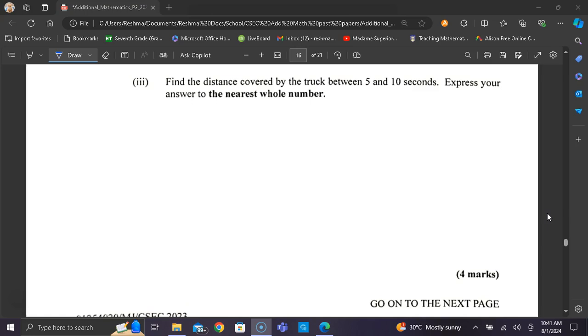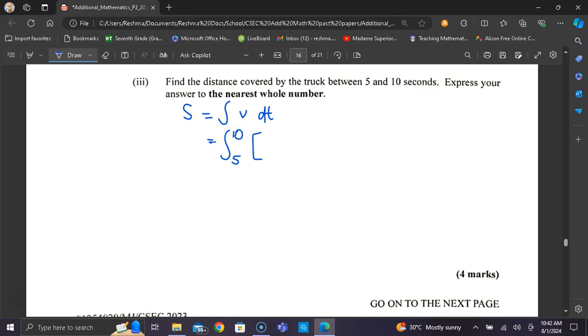So therefore, distance, which I'm going to use as S, is equal to the integral of speed with respect to time. So notice we're given limits here because we want to find the distance that the truck covered between 5 and 10 seconds.